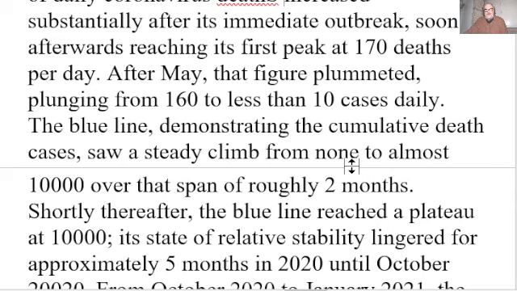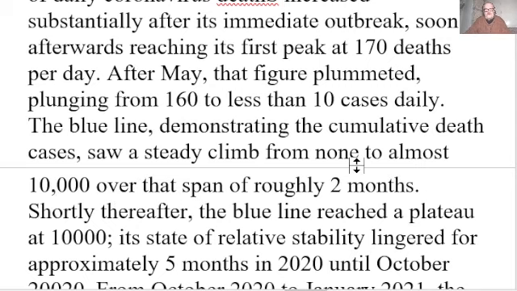The blue line, demonstrating the cumulative death cases, saw a steady climb from none to almost 10,000 over that span of roughly 2 months.